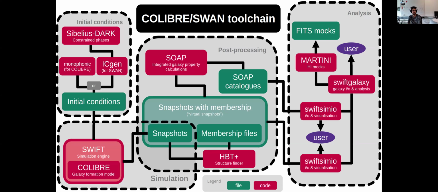And there's various different bits in it. So we'll start at the beginning, which is on the top left here. So if we want to do a simulation, we need some initial conditions for that simulation. And I'm not going to dwell on all the details here, but basically we have, in this case, one of the projects I work on, we have constrained phases.